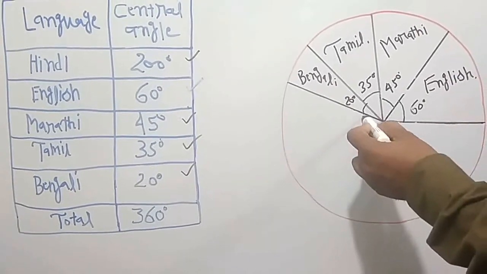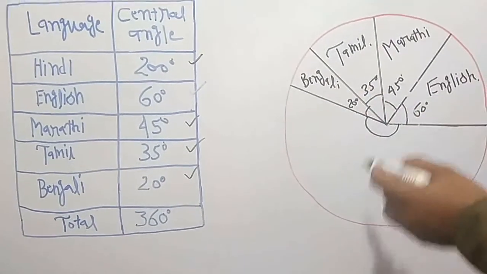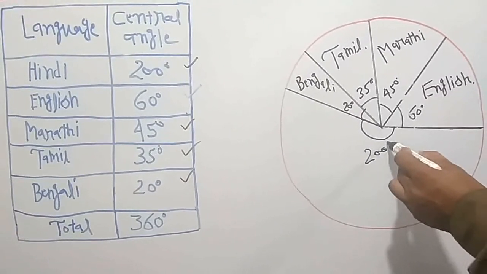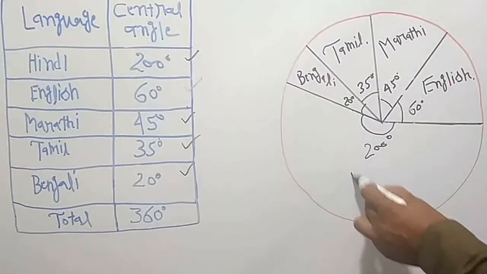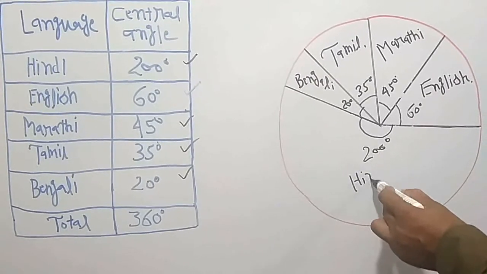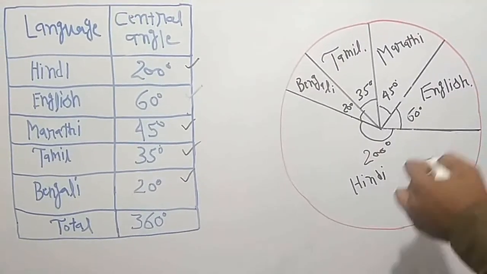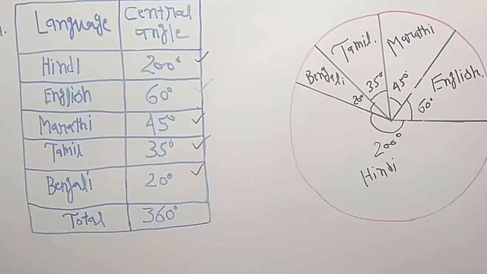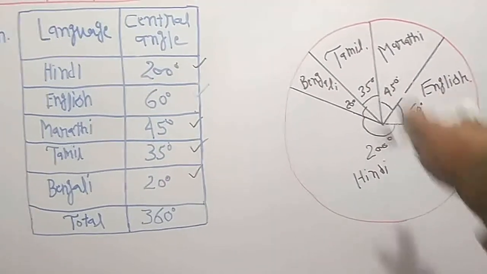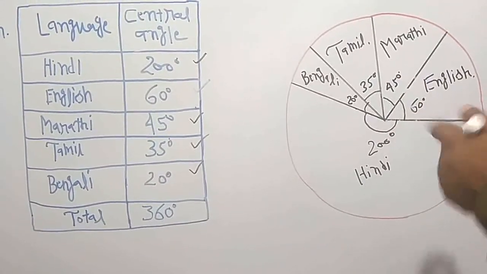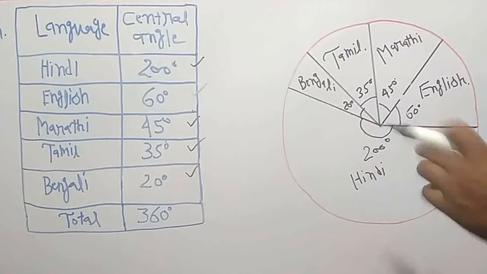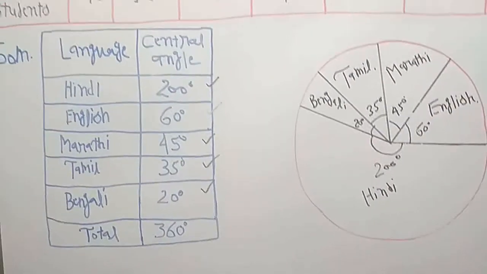So it is the remaining angle of 200 degrees, and it is for the Hindi. If it is not possible to draw the angle of 200 degrees with the help of a protractor, then we can draw this angle like this. It means first we draw all this, and the remaining space is for the 200 degree angle, and that is for the Hindi. So this is the pie chart for the given data.